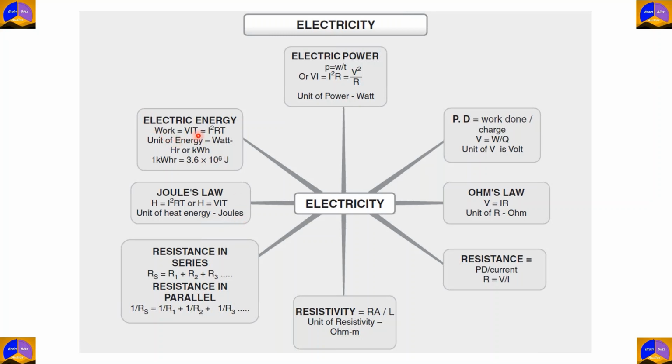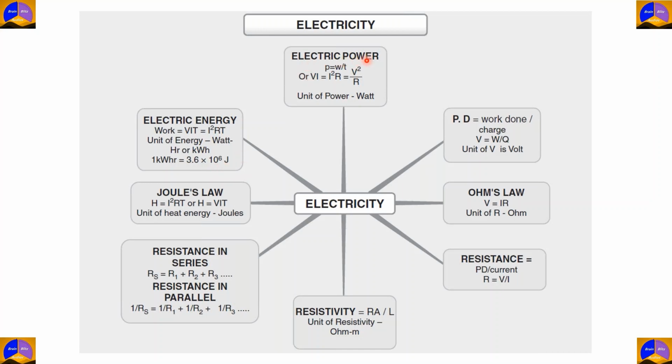Work is equal to VIT or I square RT. This is similar to Joule's law of heating. Therefore, heating is a result of electrical energy. We use watt hours or kilowatt hours for commercial units of energy. 1 kilowatt hour is described as 3.6 into 10 raised to 6 joules of energy.